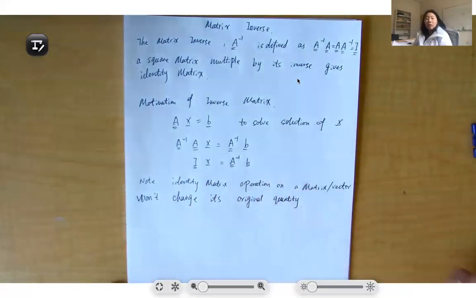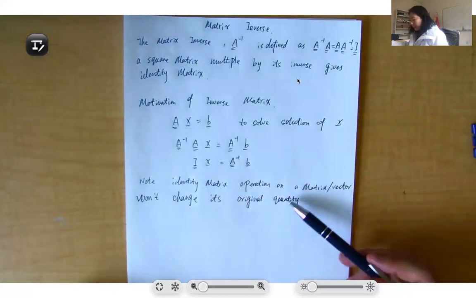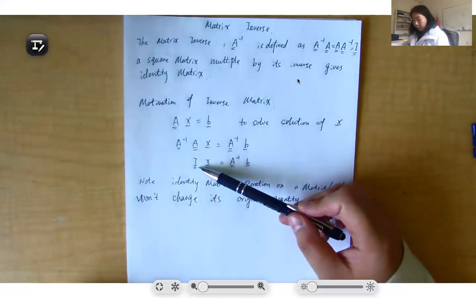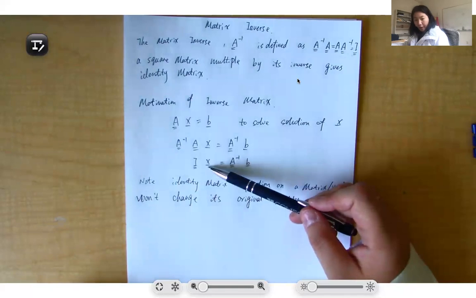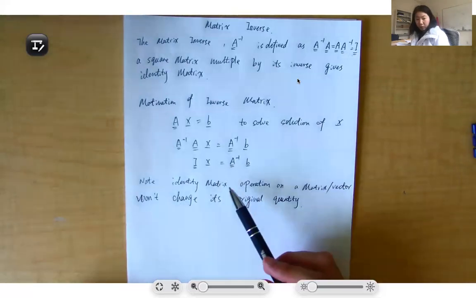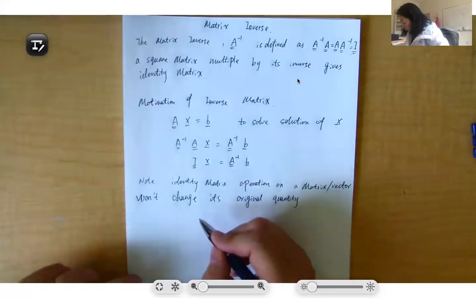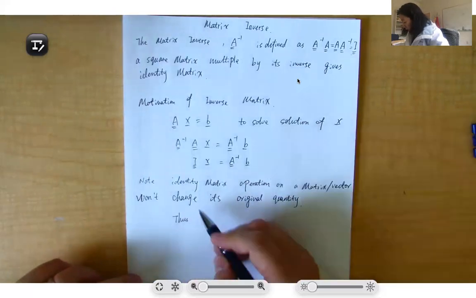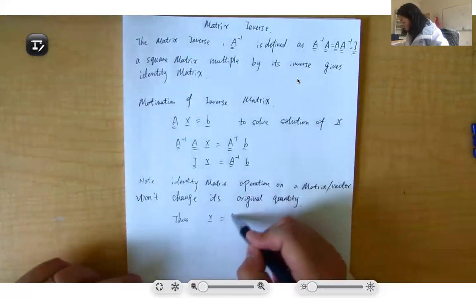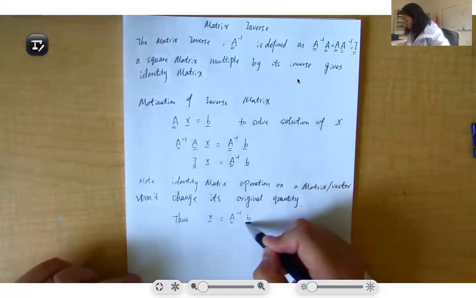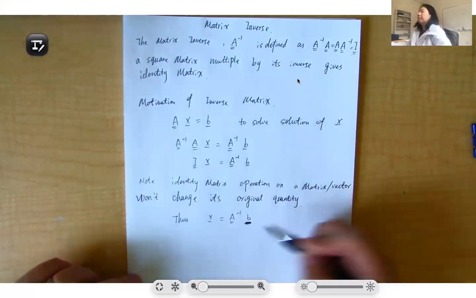What this note means is that when an identity matrix operates on a vector, for example X, it won't change the original quantity of X. So IX will be equal to X. Thus our previous equation will be X equals to A inverse B, where X is a 1D vector.